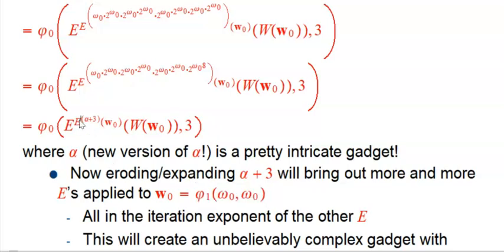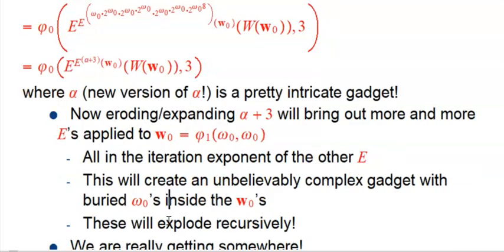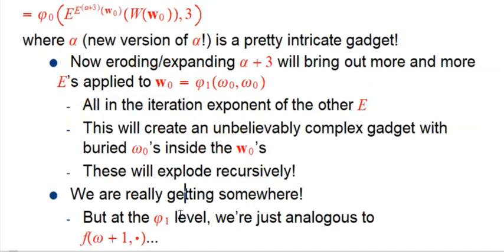All of that is happening. That's just to describe this guy. That's all happening in the iteration exponent of that other E. And so that's going to create this unbelievably complex gadget with the buried omega naughts that are sitting inside these W naughts. Okay. Whew, we're getting somewhere.